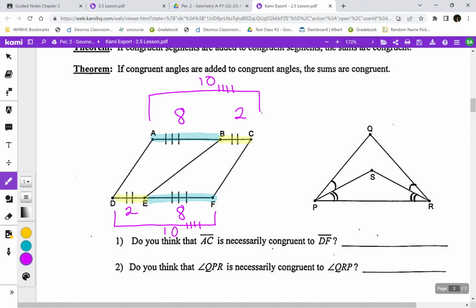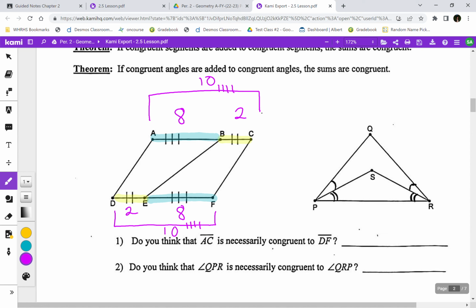All right, so what do I want you to recognize here? Give you a second to catch up. So we had AB and EF congruent, so the segment on top is congruent to a part of the segment on the bottom. The other parts are also congruent. I sometimes say it's sort of like adding tick marks.